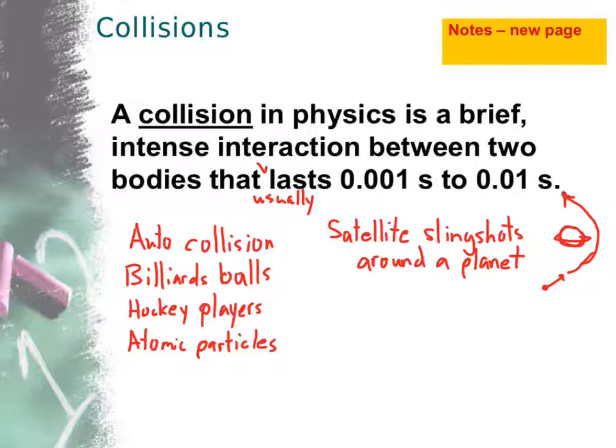And in physics, we would actually call that a collision. Now, that's a collision that lasts a lot longer than a thousandth to a hundredth of a second, but there are reasons why we can call that a collision, but I'm not going to go into those right now.